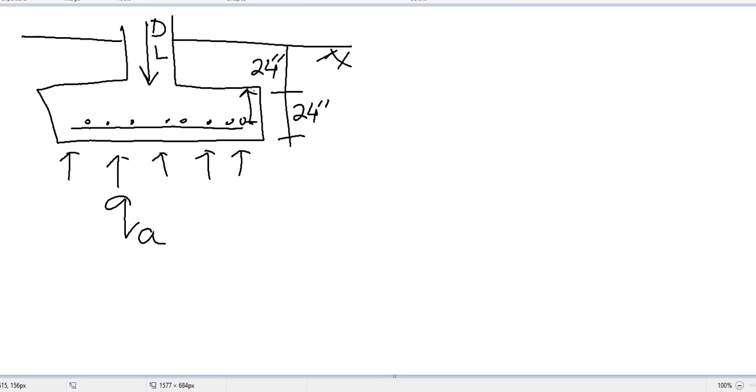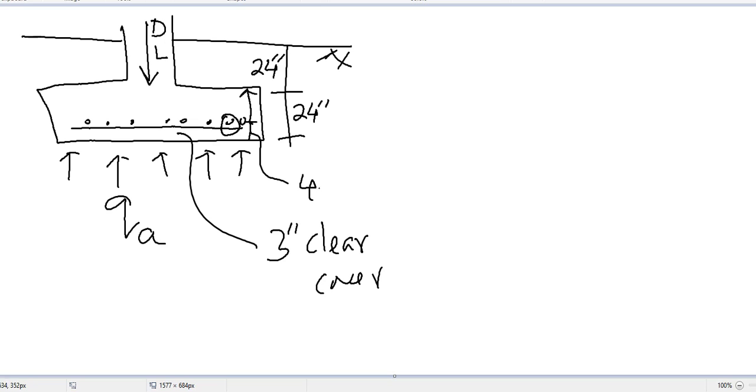As there are two layers of reinforcement, and we need to provide at least 3 inches of clear cover, 4.5 inch from here to here is a good approximation. If we use 4.5 inch here, that will ensure about 3 inch clear cover here.